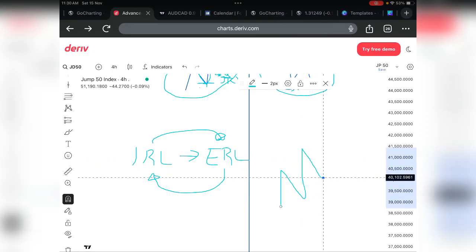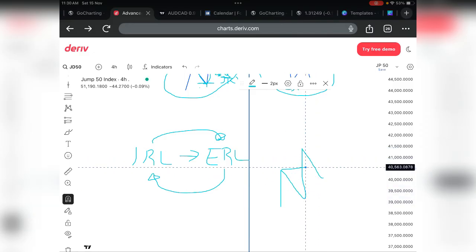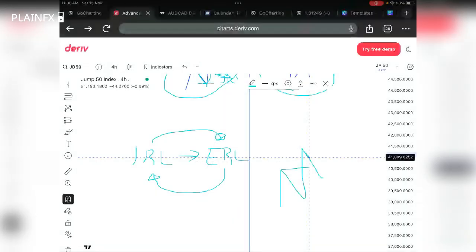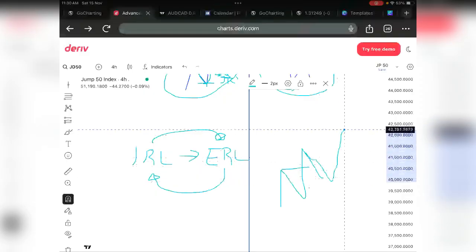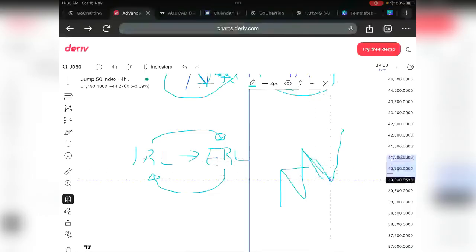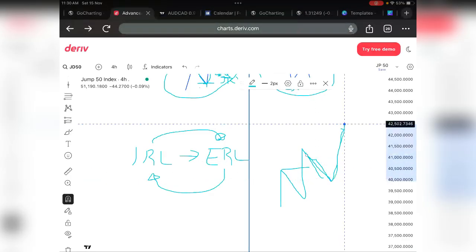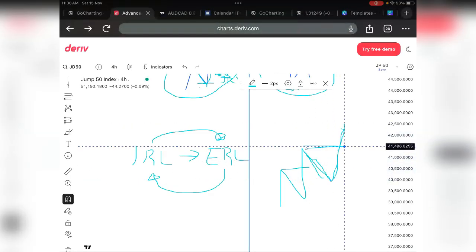Market just took out another higher high, so you shouldn't be looking for buys. You should wait for retracement to create another higher low and continue the higher high, higher low movement of price. You get?